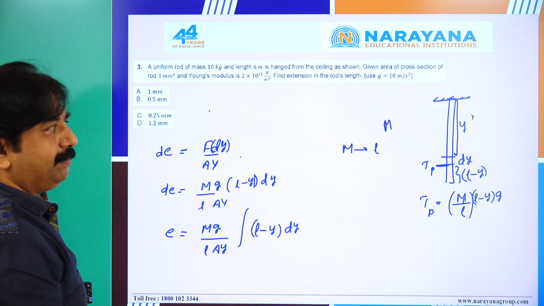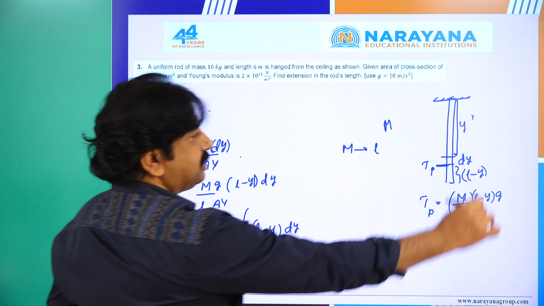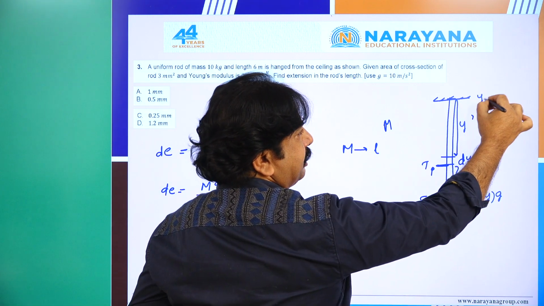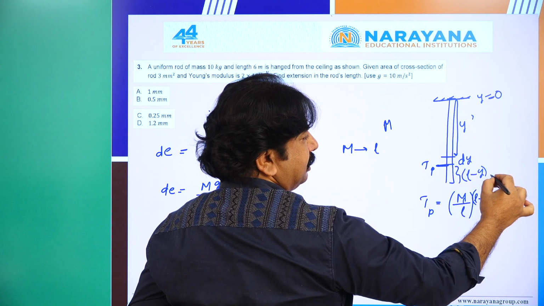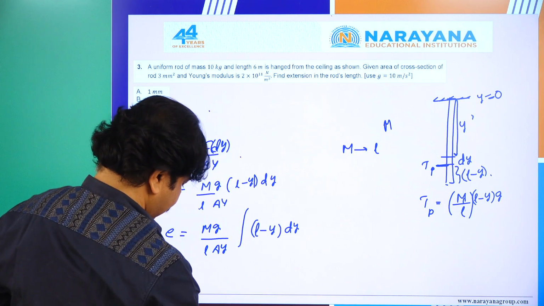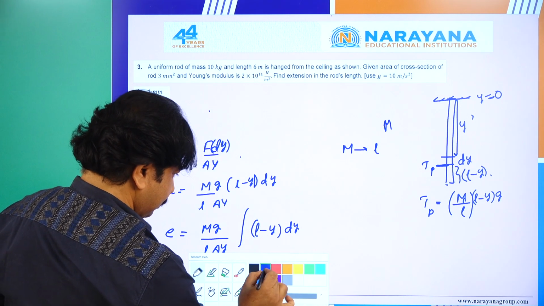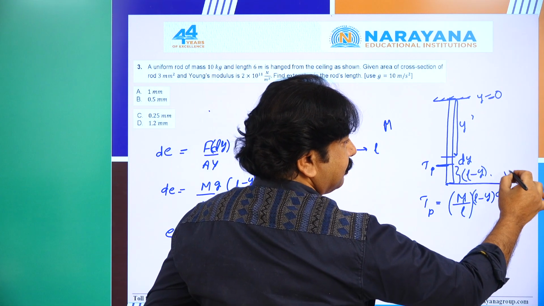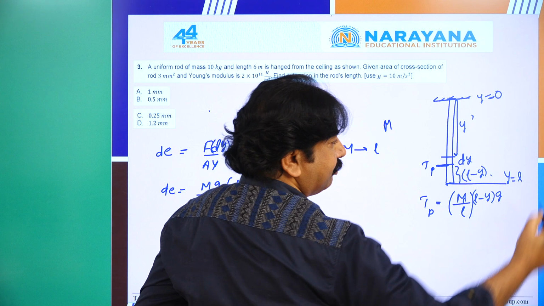We have to consider the limits of y. The limits of y mean the total object starts from y equal to 0 and this end is completed at y equal to L only.